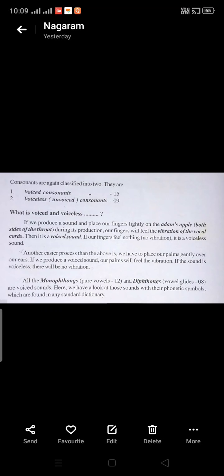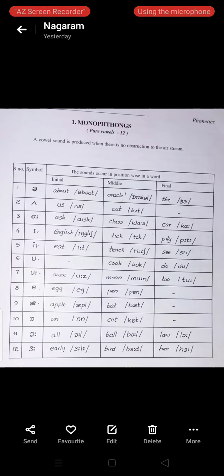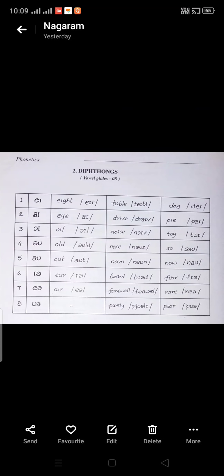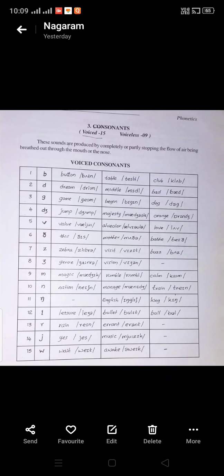Okay, already we discussed the vowel sounds. Then we move directly to consonant sounds. These are the monophthongs, also called pure vowels, 12. Already we discussed. Then second, diphthongs, also called vowel glides, they are 8. Now we will discuss the consonant sounds.